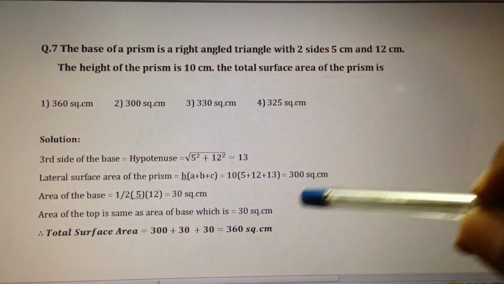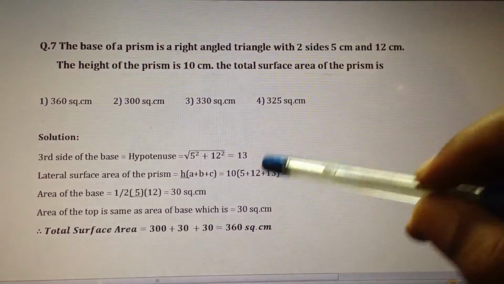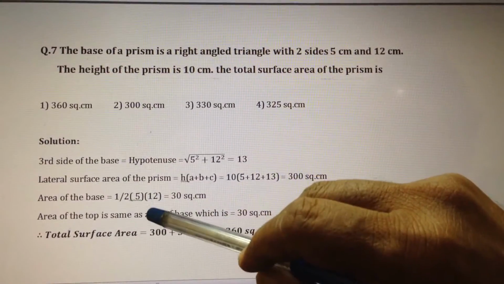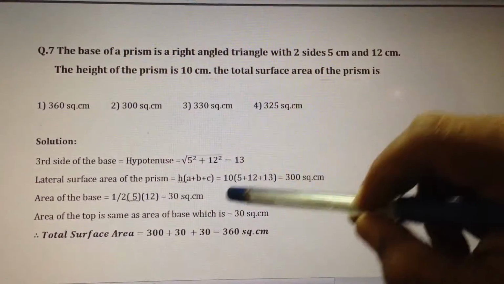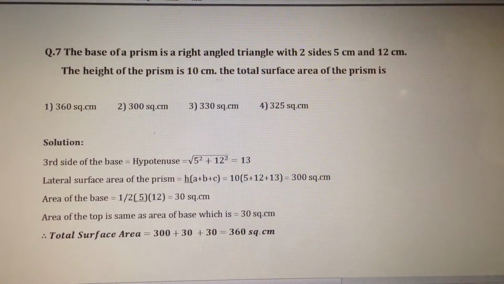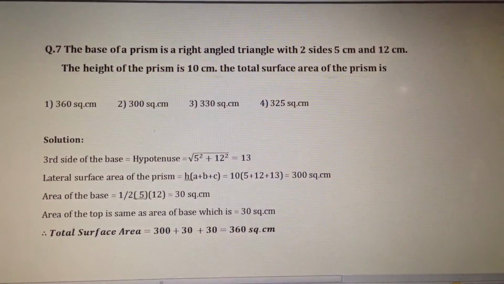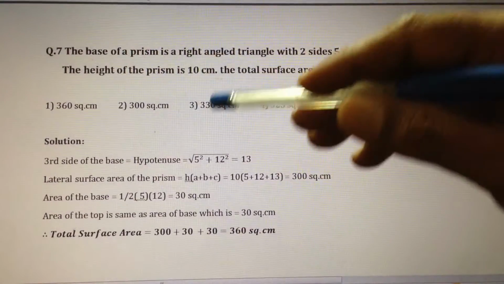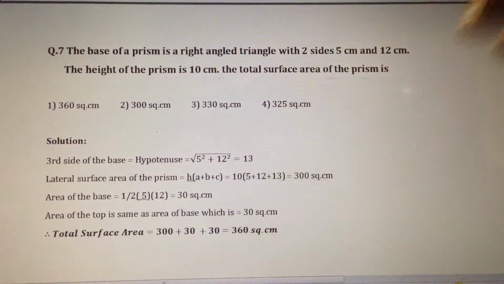And area of the base we know is half into base into height, which is equal to half into 5 into 12, that is equal to 30 square centimeters. And area of the top is equal to area of the base. Area of the top of the prism is nothing but area of the base.